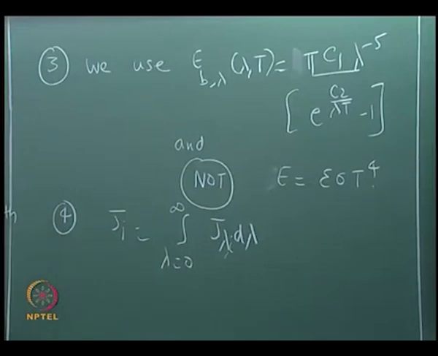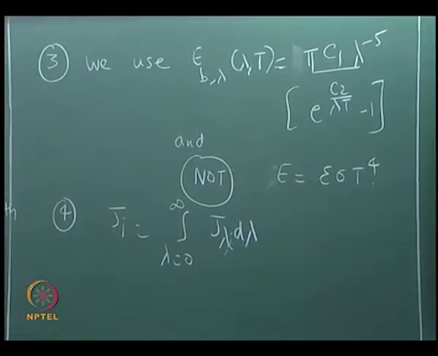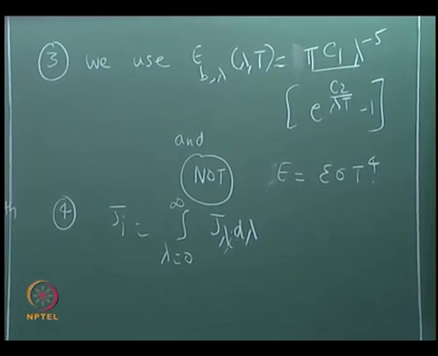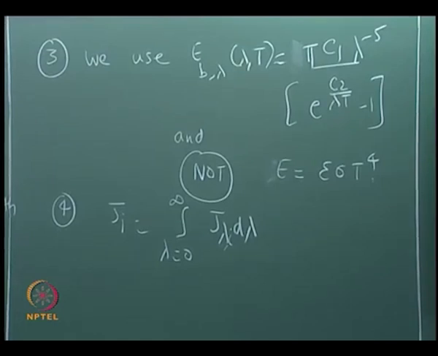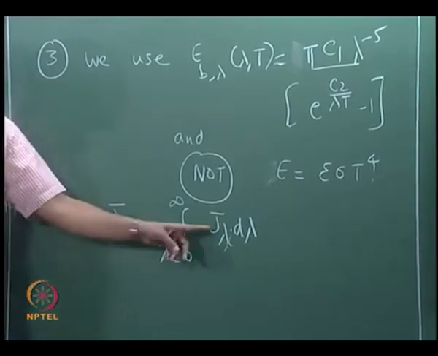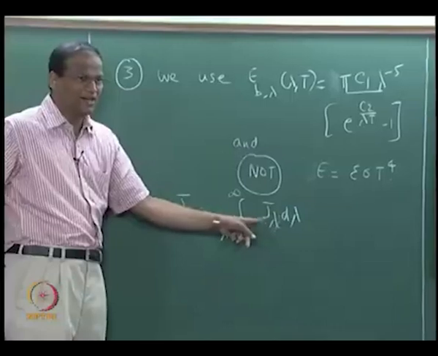If you do not like that, you can use J i lambda, it does not matter. Lambda and i must come, lambda is spectral and i is the ith surface. We leave it as J lambda because we are talking about radiation heat transfer in an n surface enclosure. This makes it the spectral radiosity formulation.